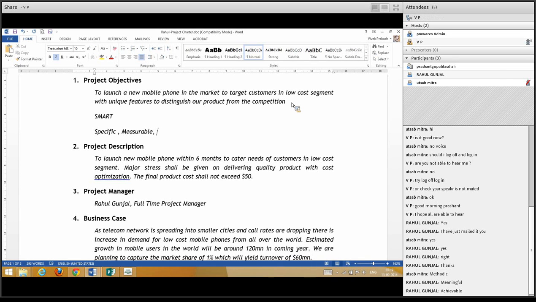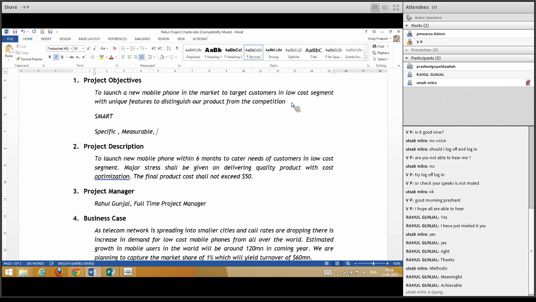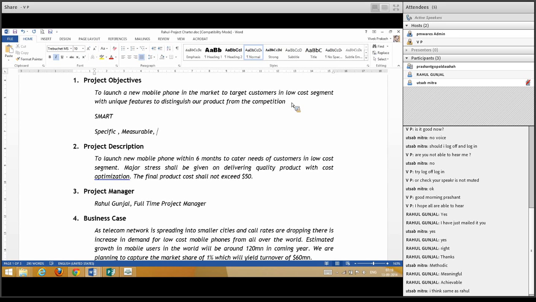Utsav, do you have any idea? Okay. So it's not achievable actually. It is action oriented.